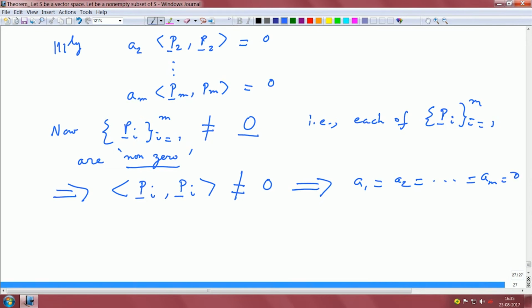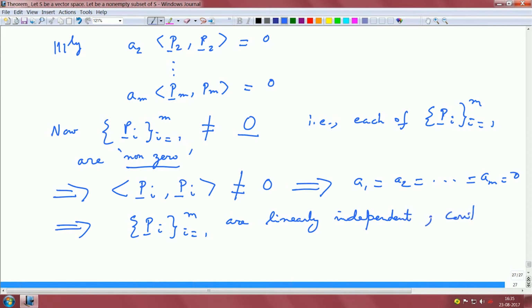Now, this means we are coming into the condition where they have to be linearly independent, which means Pi's, which is basically a contradiction to where we started off, and therefore this is done.